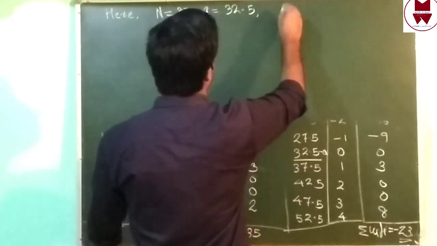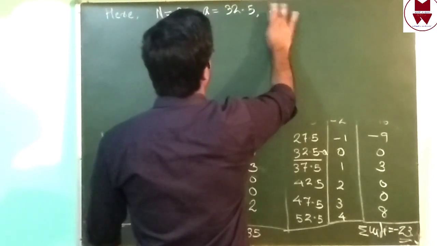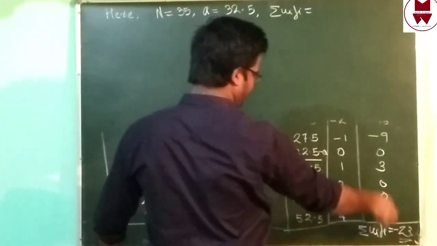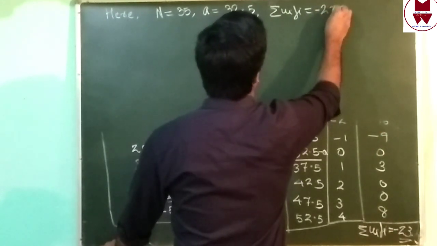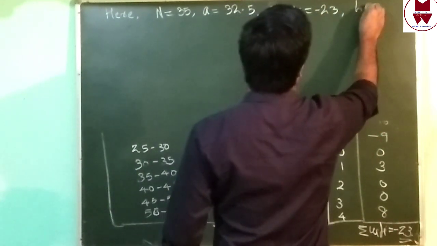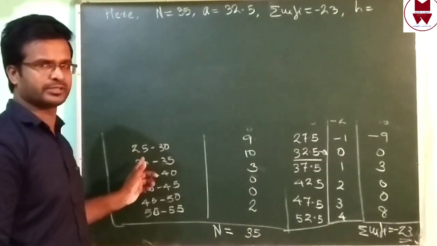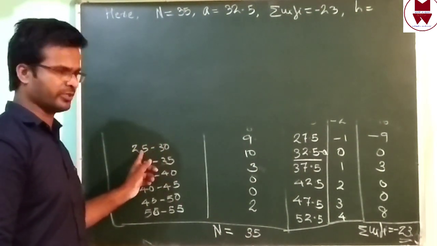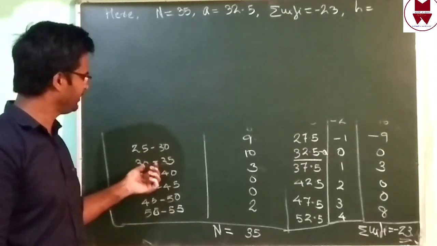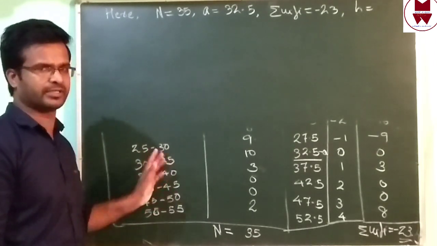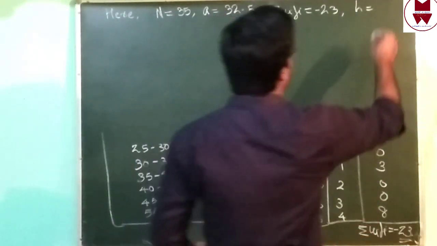Then sum of uifi equal to minus 23. h equal to, h means class width. 30 minus 25, how much? 30 minus 25. You will get 5, isn't it? In here also 35 minus 30, you will get 5. That will be our class width.